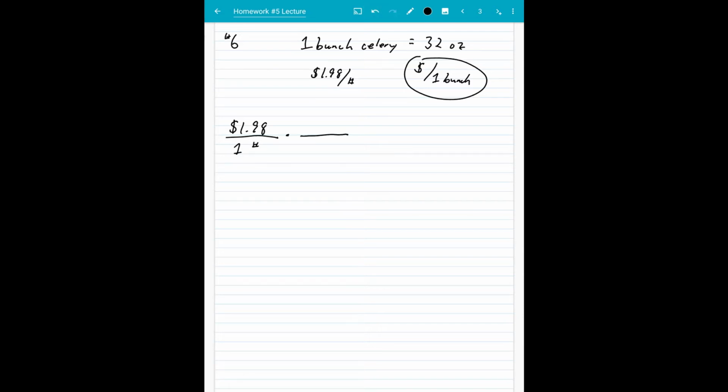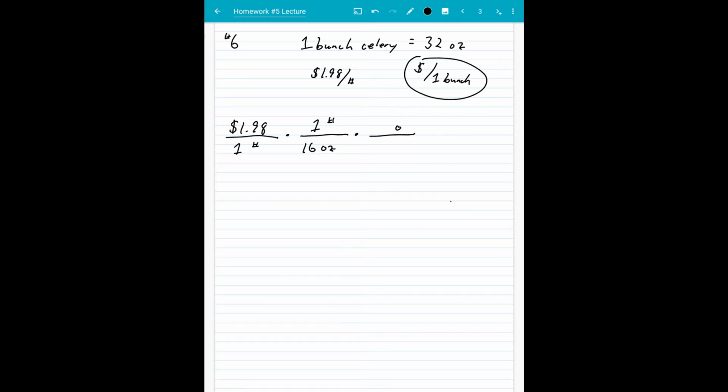So we need to use this conversion right here, but we can't use that one at the top just yet until we convert it to ounces. So we have to change this bottom unit to ounces. So for every 1 pound, you have 16 ounces. That will cause the pounds to cancel out and you'll have ounces left over on the bottom. Then you can use your next ratio.